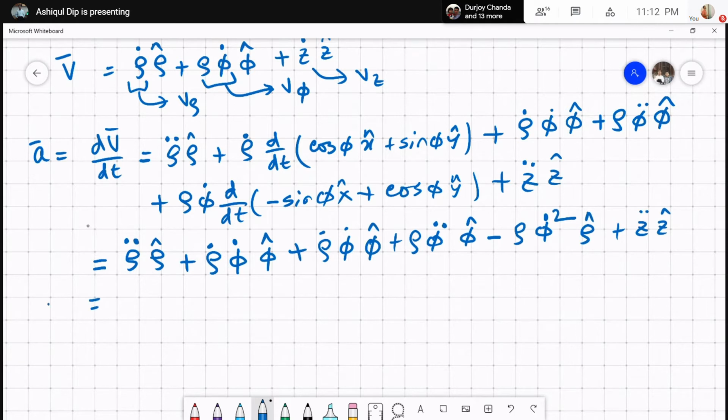So you got your cylindrical polar resolution of acceleration, that is rho double dot minus rho phi dot squared, times rho hat, right?